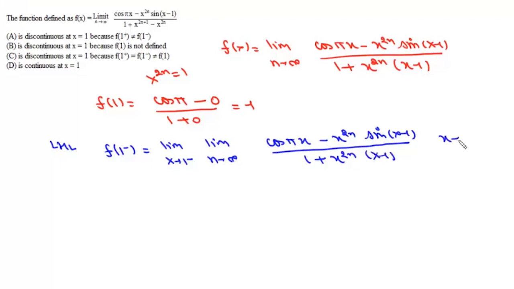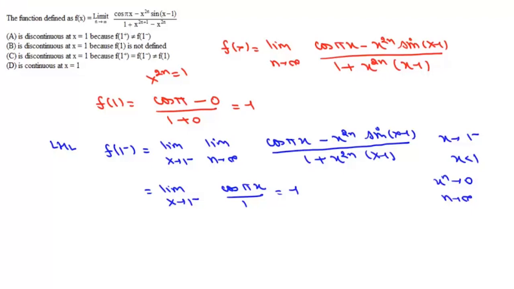Now, x tends to 1 negative means the value of x is less than 1. And if x is less than 1, then x to the power n is 0 as n tends to infinite. So in this case, the x to the power n part will be 0 upon 1, and the value of cos π is −1. So for this function, the left hand limit is −1.